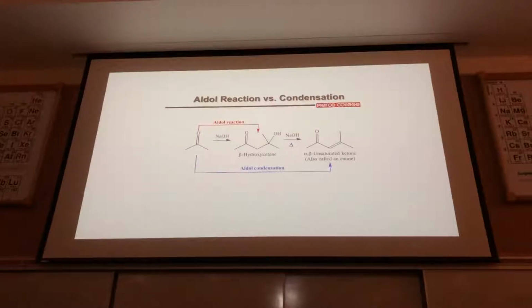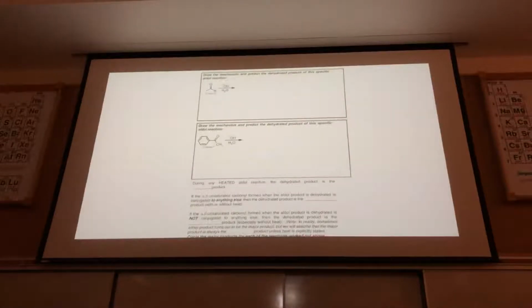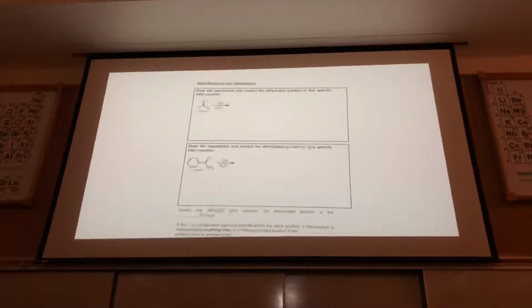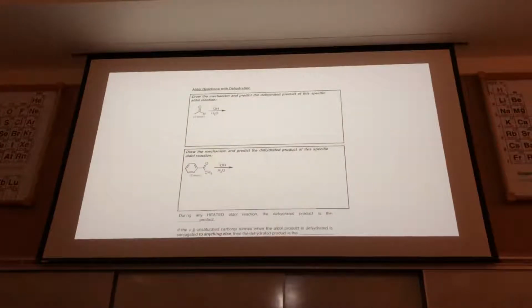So the condensation, if it's a favorable condition for it to do so, it just goes straight there. This is an intermediate. In other words, it doesn't stop there. So we will visit that very reaction right here on page 100. And what I want to show you is just to remind you what we did.